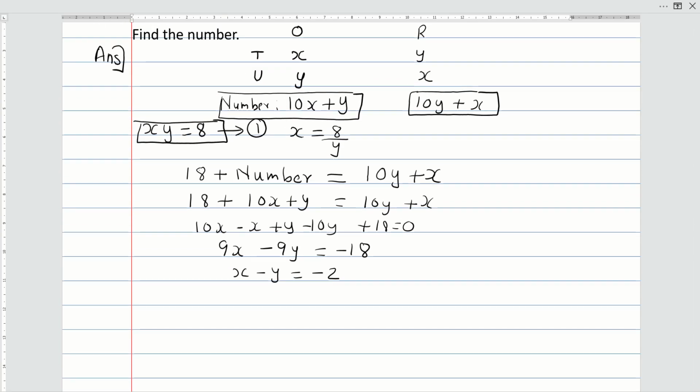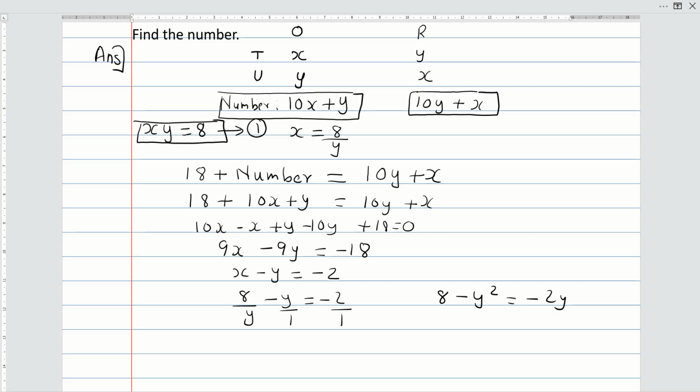So here, we will take x as 8 upon y, minus y, is equal to minus 2. Now here is the place where students make maximum mistakes. It comes to 8 minus y square is equal to minus 2y. I hope you understood this. Correct, students? So now rearrange and get a quadratic equation.